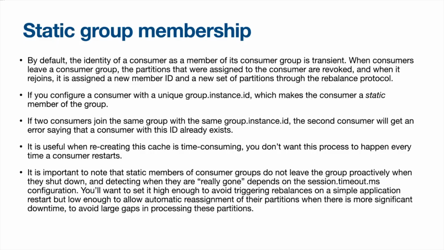Next one is static group membership. By default, the identity of a consumer as a member of its consumer group is transient. What does that mean? Let's say the name of this consumer group is my analytics consumer group, and in this consumer group there will be 3 consumers, for example, assigned as 1, 2, and 3.